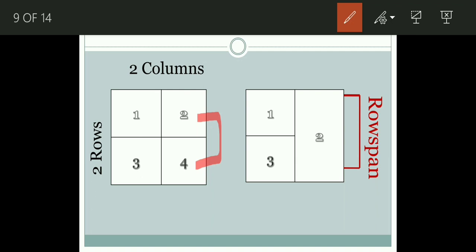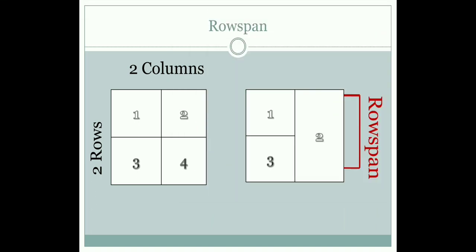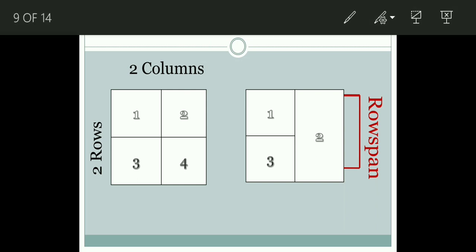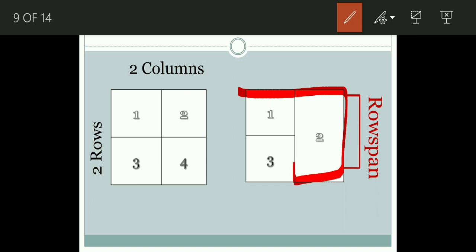For this, the code I need to write is, first of all, I'll start the table tag. After that, I need to identify what our first row contains. Our first row is this.